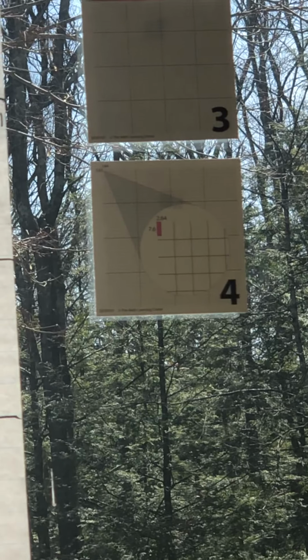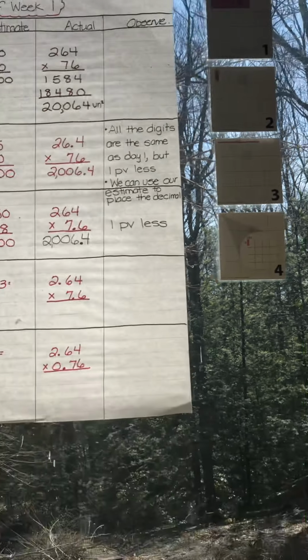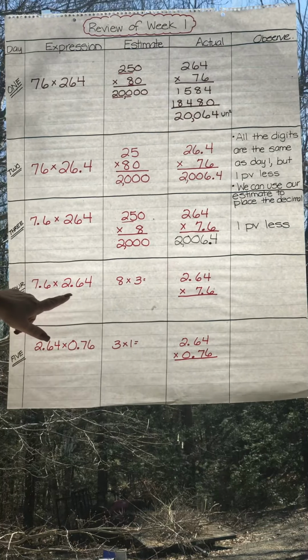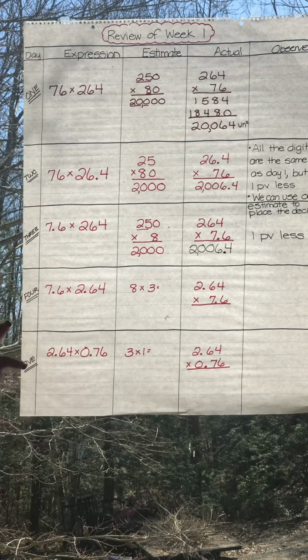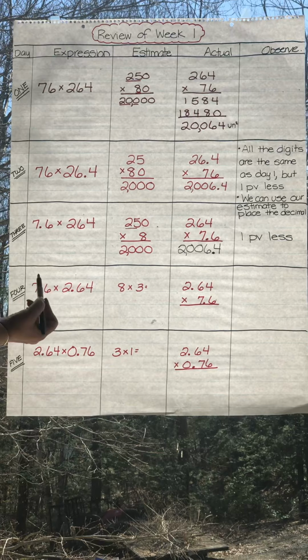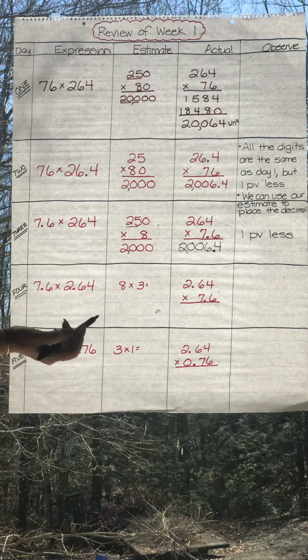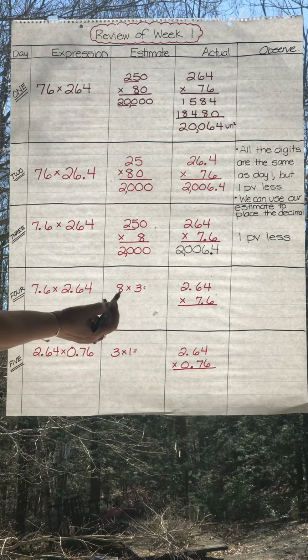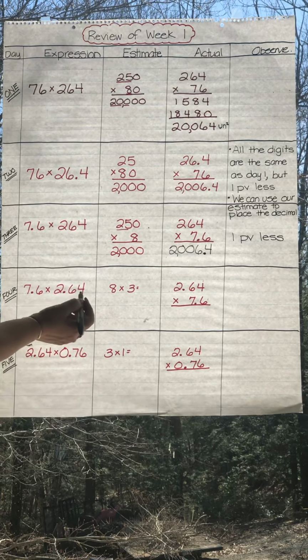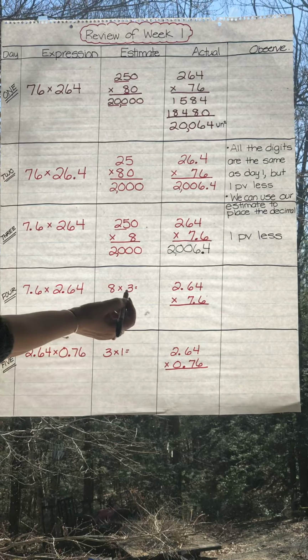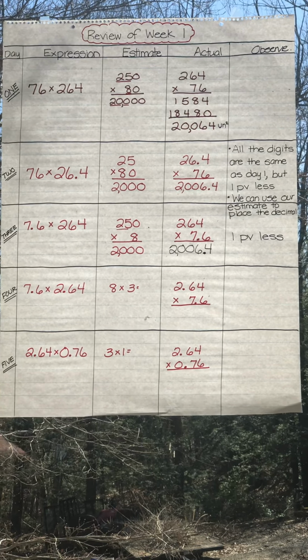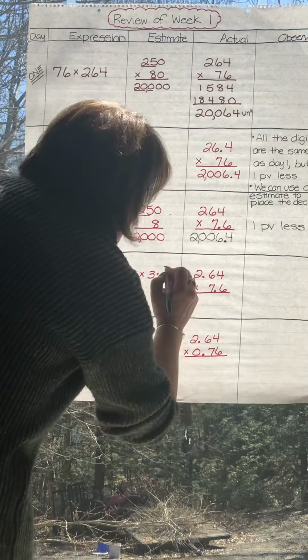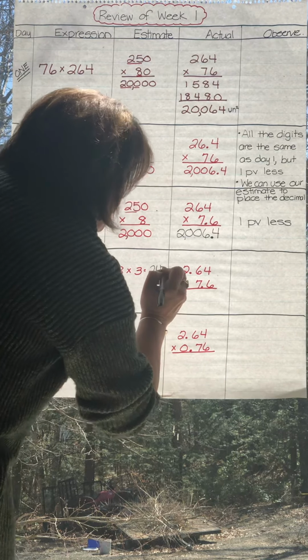The vertical dimension of this is 7 6/10, and the horizontal dimension is 2 64 hundredths. When we're looking at this, we can see, just like when we were playing the game, that 7 6/10 actually rounds up to 8. 2 64 hundredths would round up to 3, and 8 times 3 is 24.